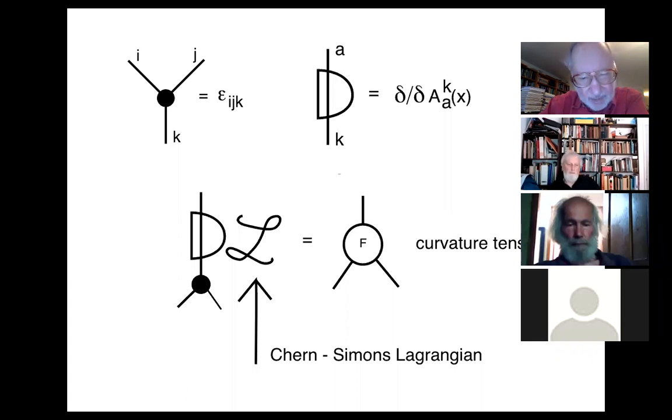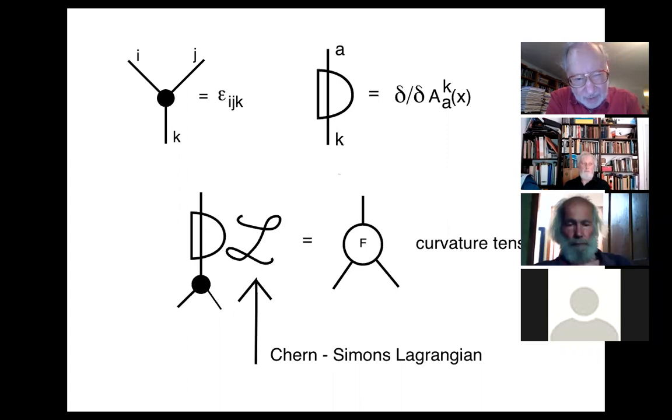It turns out that if you differentiate the Chern-Simons Lagrangian with respect to the gauge field in this sense of indices, you get the curvature tensor with its indices, F, which is dA plus A wedge A. The specific index curvature tensor, just like the A's are specifically indexed, works out exactly right when you tie the D into an epsilon.